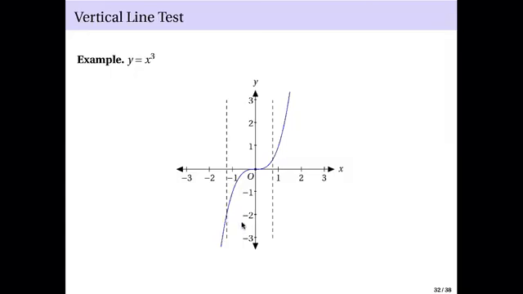So you get this vertical line here, you'll just get that intersection here. If you get a vertical line here, you'll just get this intersection. If you get some vertical line here, the intersection will be somewhere above here, if you extend the graph. So just 1 point, or at most 1 point.